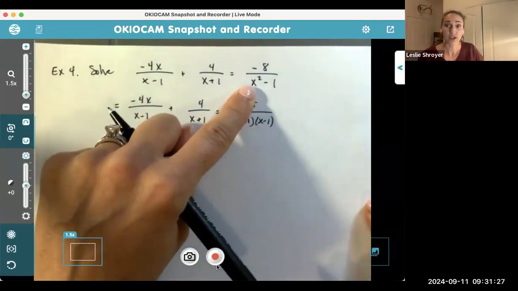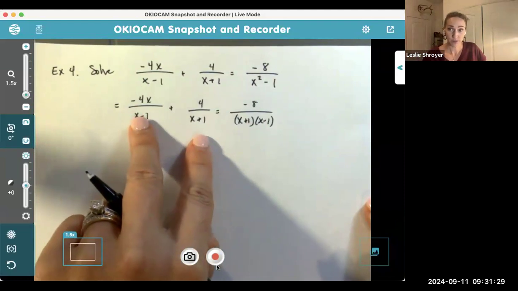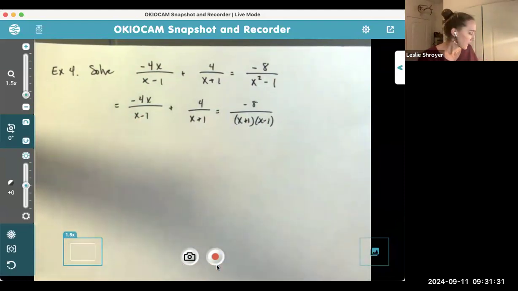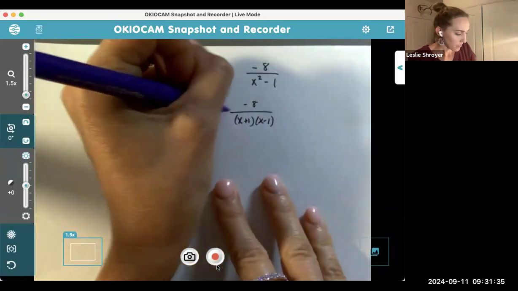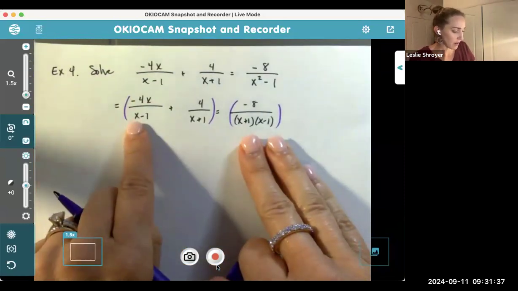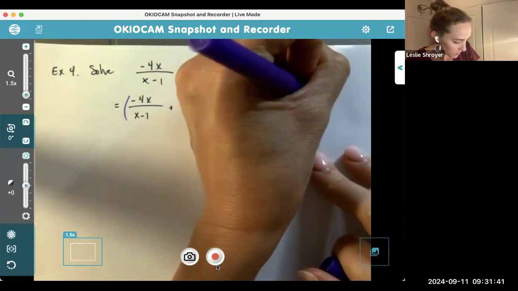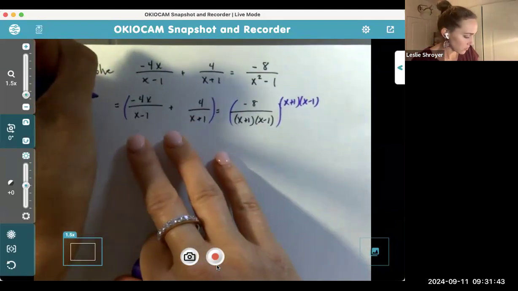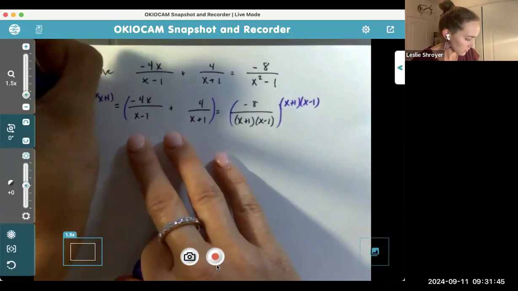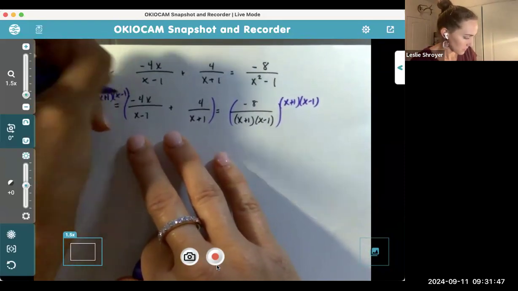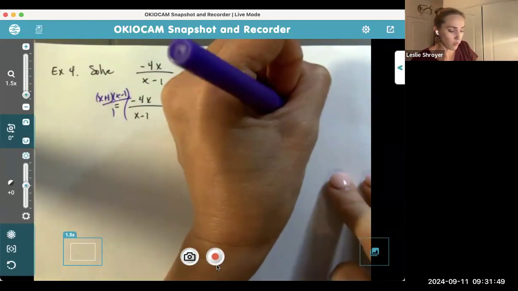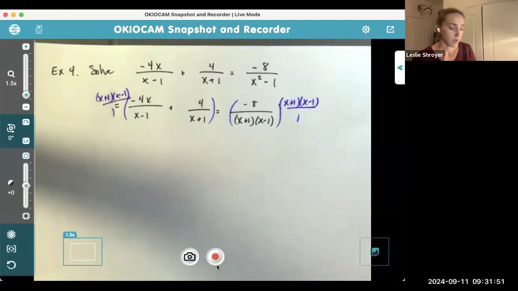So now our least common denominator is these two terms, x minus 1, x plus 1. So we're going to multiply both sides by those two factors, technically over 1, if you will.